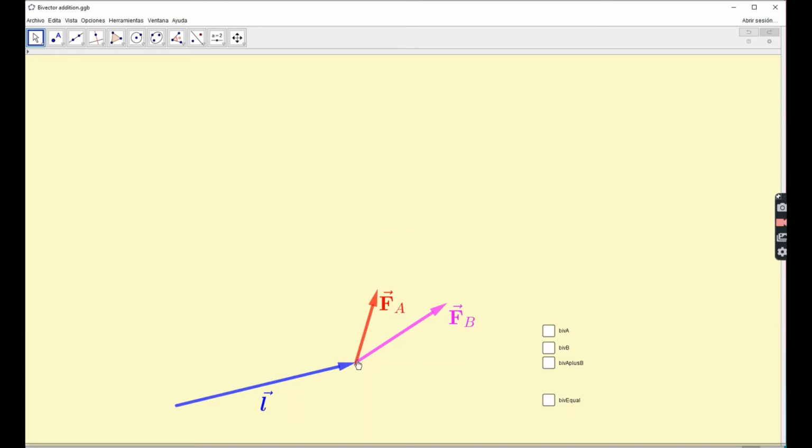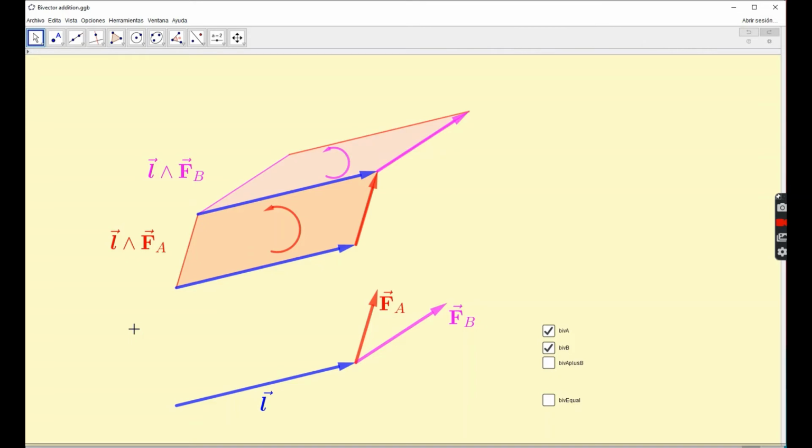Here we have two forces, Fa and Fb, acting at the end of a lever, the vector L. So for simplicity, we'll just treat the case in which the lever and the two forces are all coplanar. Each of these forces will produce a torque about this end of the lever down here, and we can represent each of those torques by a bivector, as we've seen.